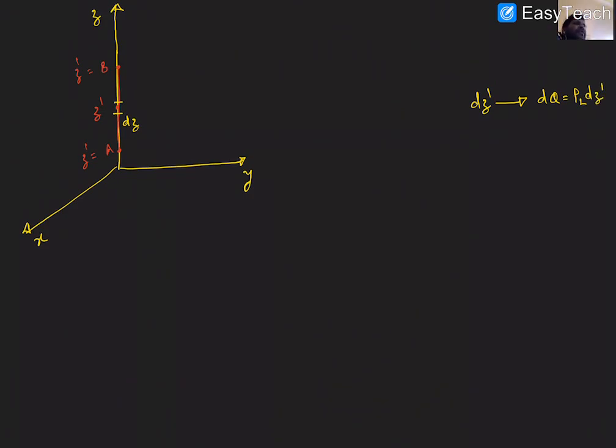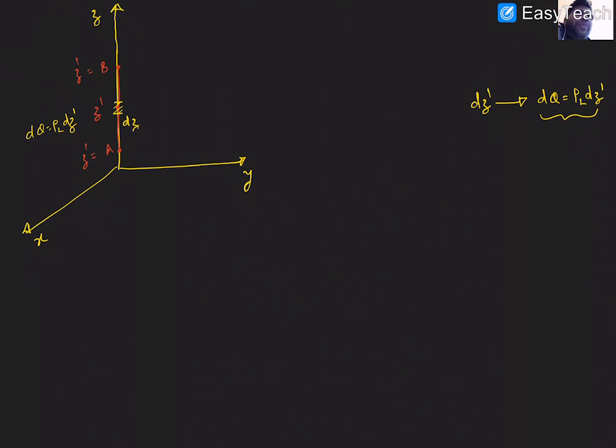So along the differential length dz we have the charge dq equal to rho L into dz dash. I will show it on the left side.